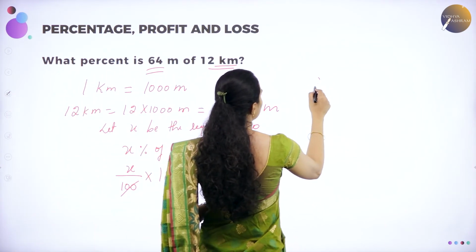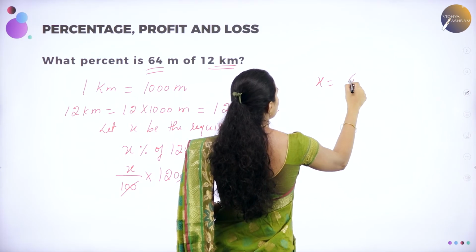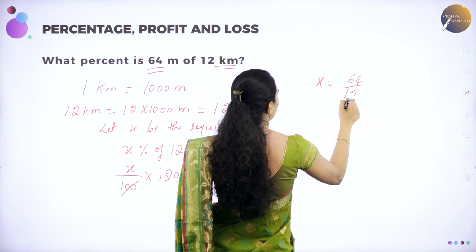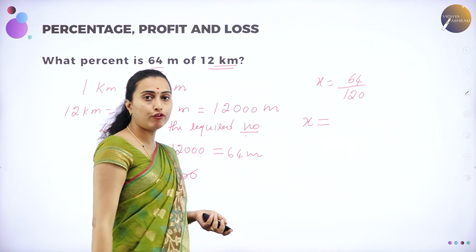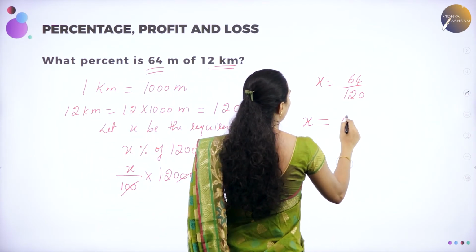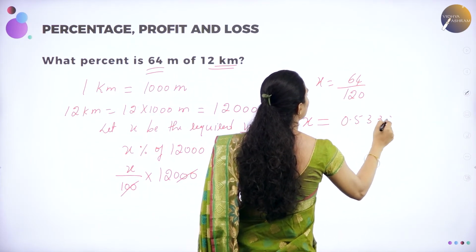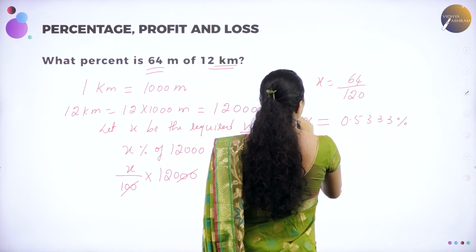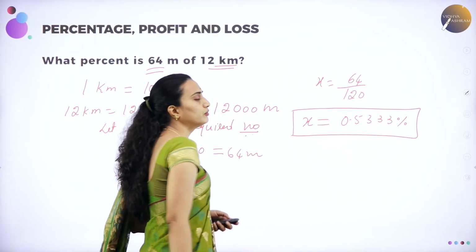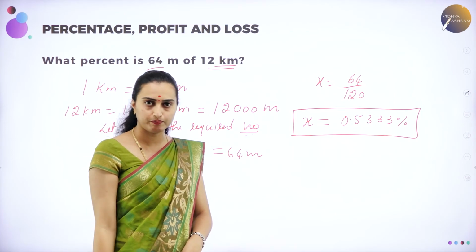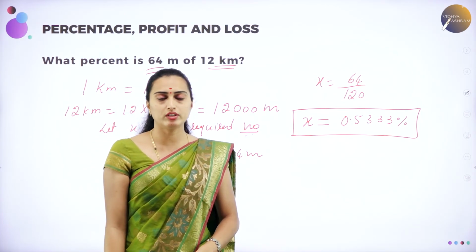Otherwise, X will be equal to 64 divided by 120, which is 0.5333 percentage. Okay, this is your answer for this question. Understood? Okay, dears, we'll move on to the next question.